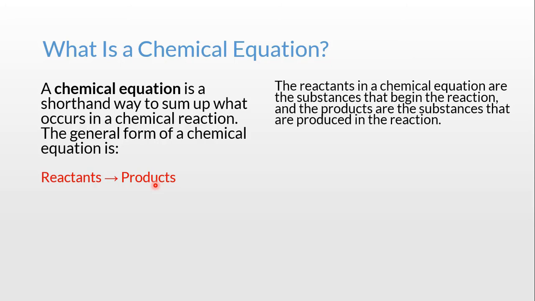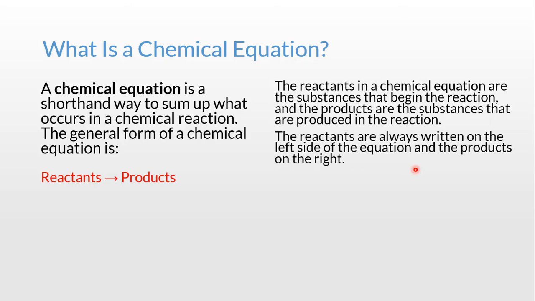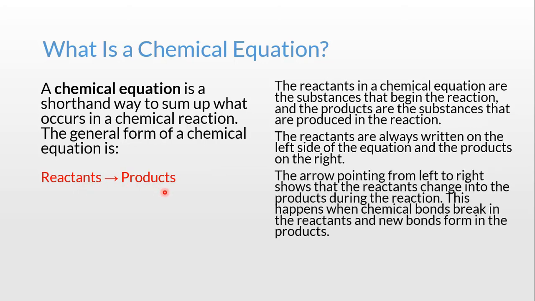The reactants in a chemical reaction are the substances that begin the reaction, and the products are the substances that are produced in the reaction. The reactants are always written on the left-hand side, and the products go on the right-hand side. The arrow pointing from left to right tells us that the reactants change into products during the reaction.